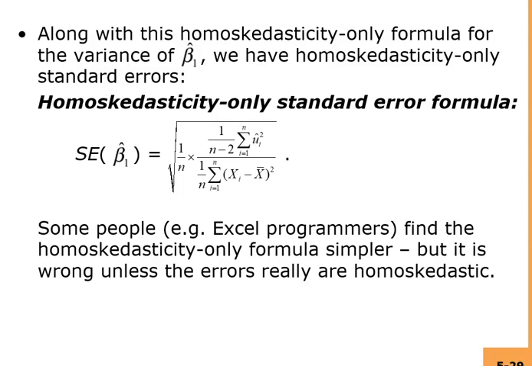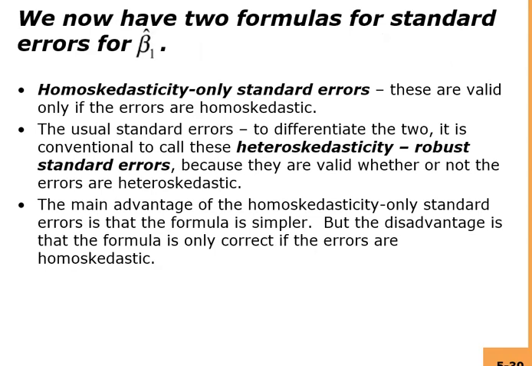But if we find that our errors are homoskedastic, then we can get away with using this formula for the standard error of beta 1 hat. But this formula will not be applicable for calculating standard errors when there is heteroskedasticity present in the errors.